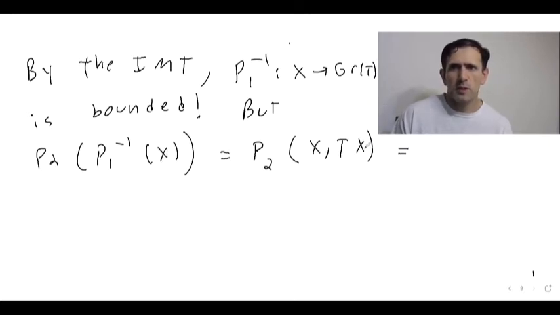Well, P2 just spits out the second component, Tx, so that means P2 composed with P1 inverse is T, and so it's bounded.